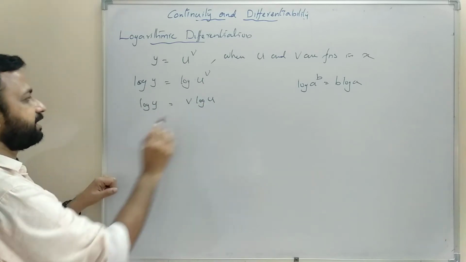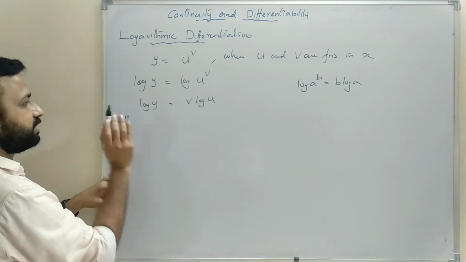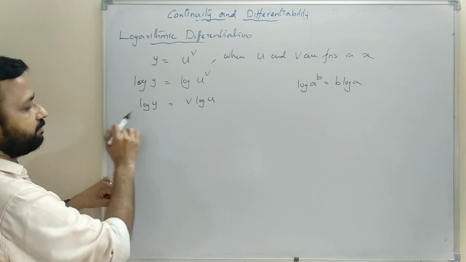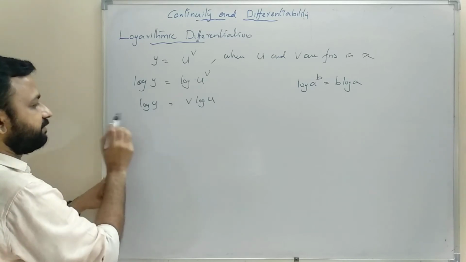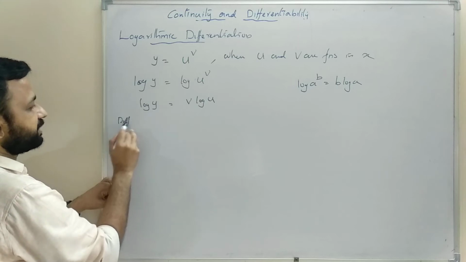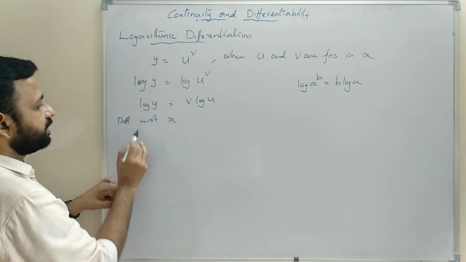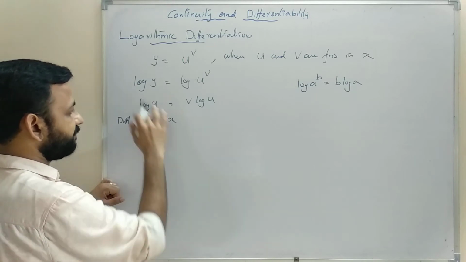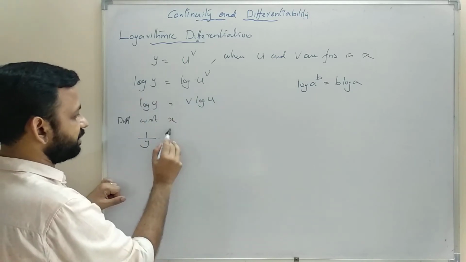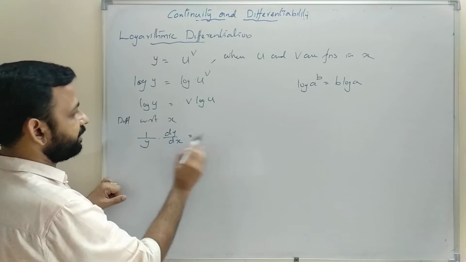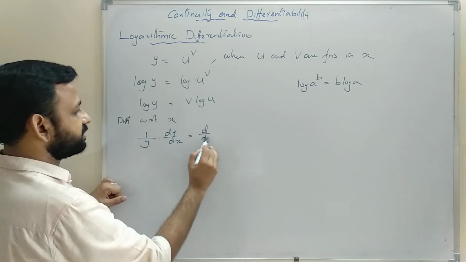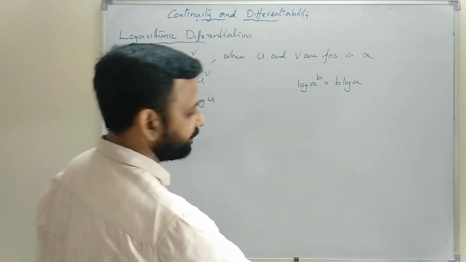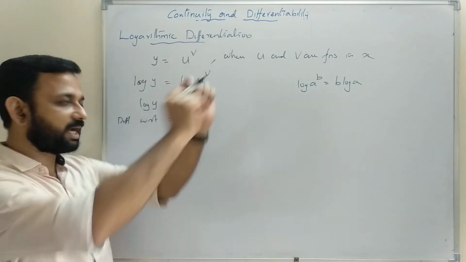Now we can differentiate both sides with respect to x. We are going to find the derivative of LHS and RHS.